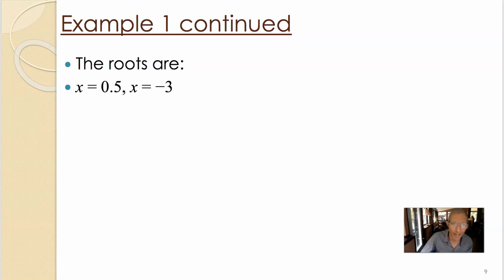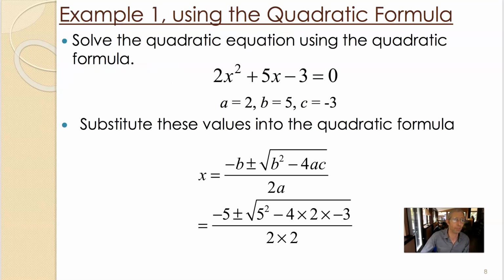And when we do that, run that through, we get x equals 0.5. So that's one solution. The other solution is x equals negative 3. So what that means is this. If you put 0.5 in here and work it out, it'll solve the equation.